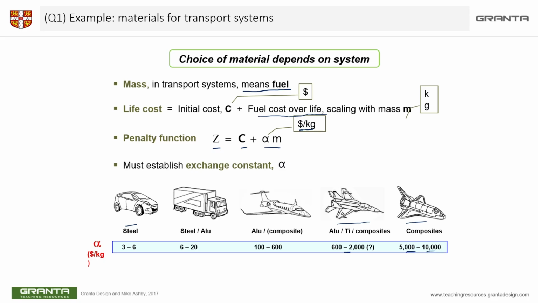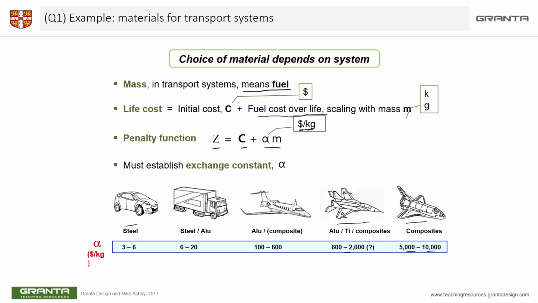Now, when we go for an exchange constant of 100 to 600, this is where the choices really change in terms of the material, and now we are talking about more exotic materials like specialized aluminum alloys as well as composites, and that's basically the motivation why you see that commercial airliners like Boeing as well as Airbus are switching to composites for the majority of the components within the aircraft, because the exchange constant between the cost and the mass is such that investing more on the costly material is justified because of that exchange constant, right? So it's all about that justification.